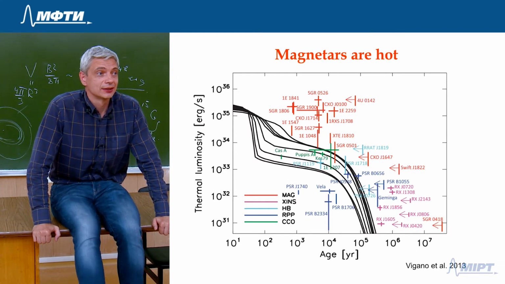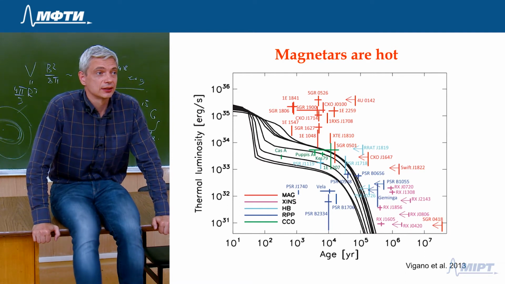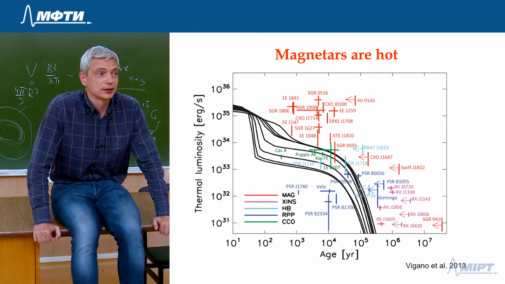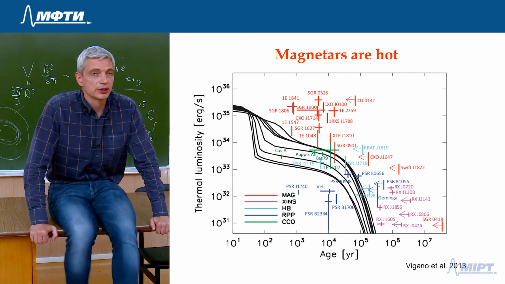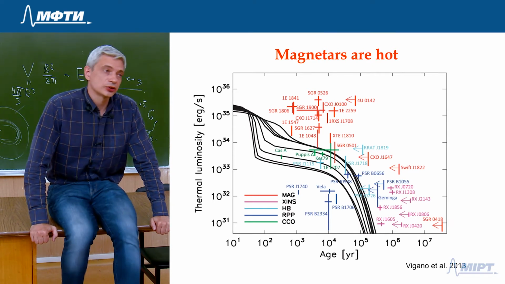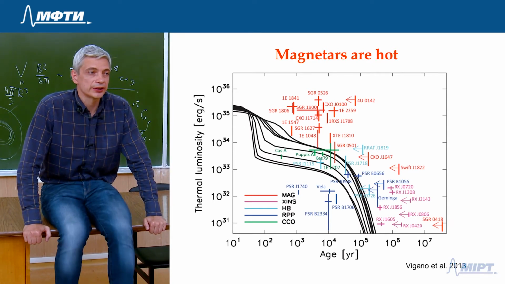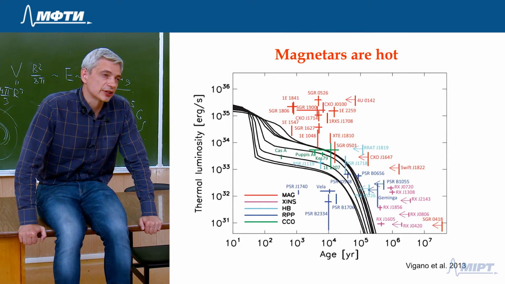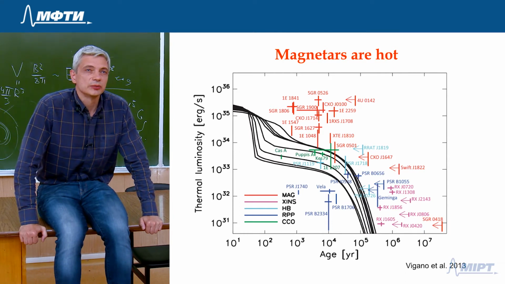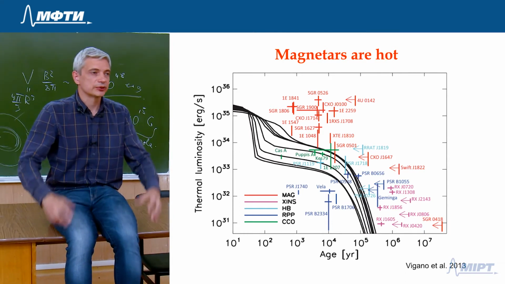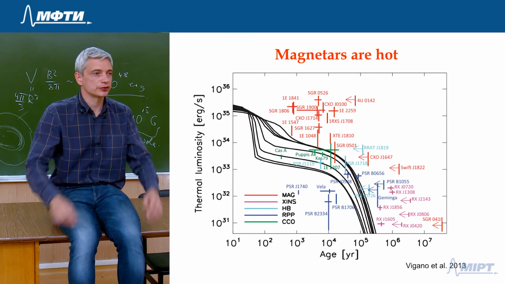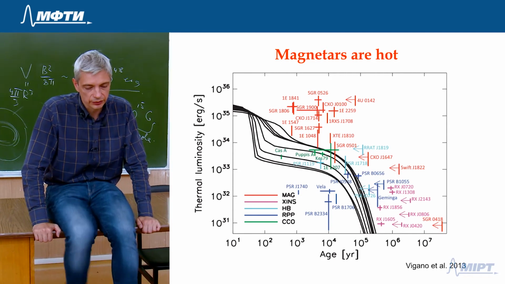Yeah. Have some dynamo processes also operating inside the neutron star to throw that field up to like 10 to the 6? Yes, that's exactly right. So you need dynamo, most likely, unless you have an anomalously strongly magnetized progenitor. If you want to bring up fields to 10 to the 16 Gauss, it's a bit hard to do by just simple collapse, because this BR square conservation is not really giving you the strong fields.